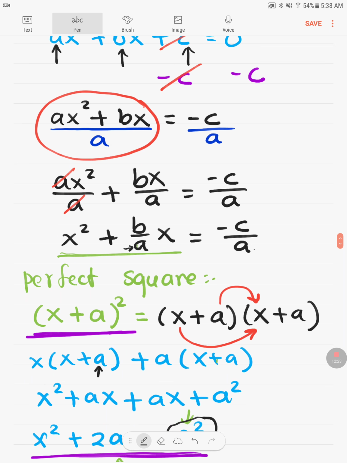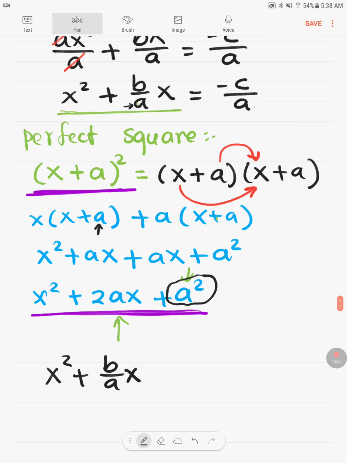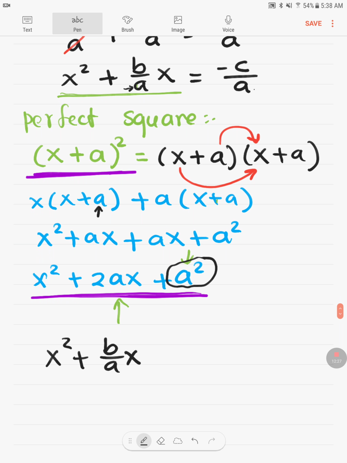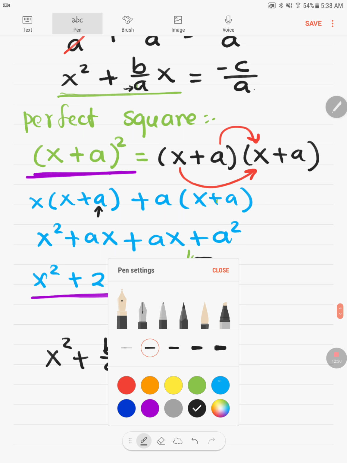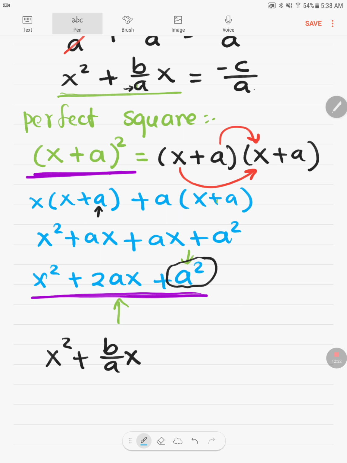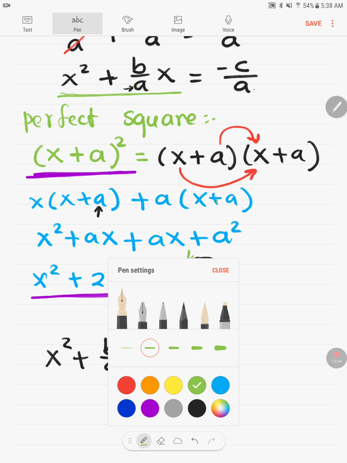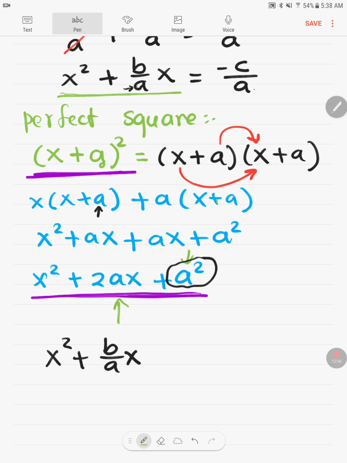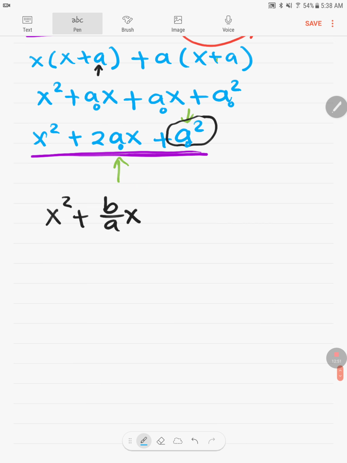So let's compare it. Let's compare the b over a. Let's call this, just to differentiate, a0, such that a0 is not equal to a, just for us to kind of compare.